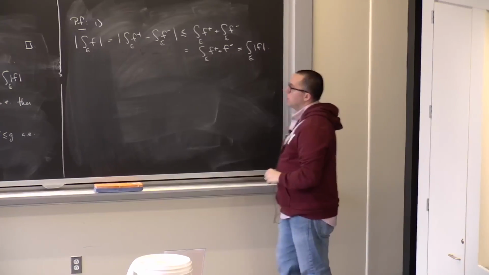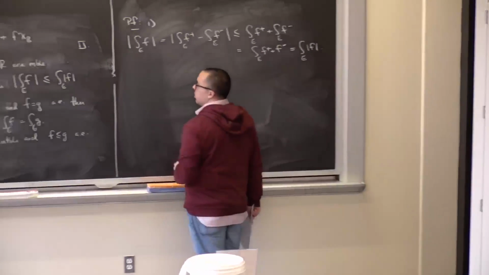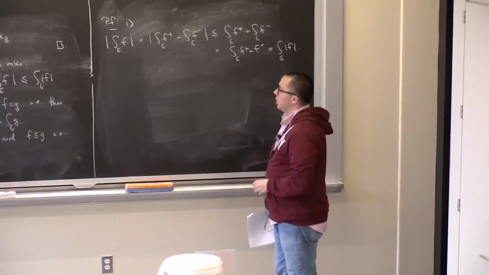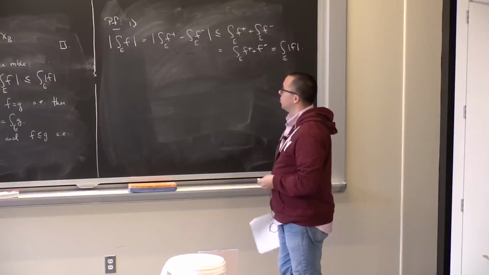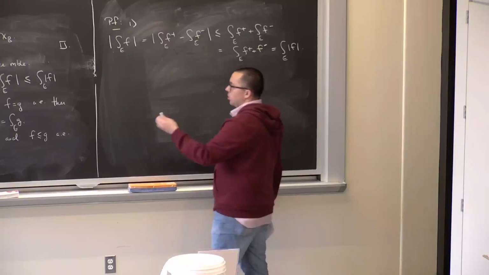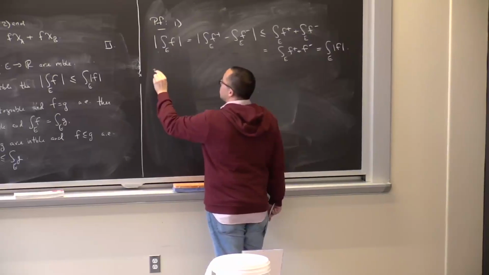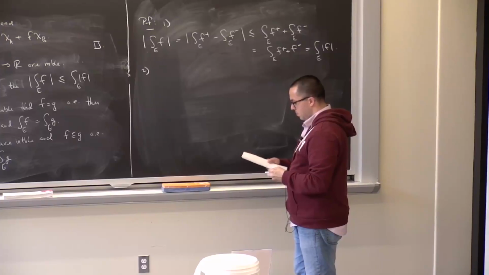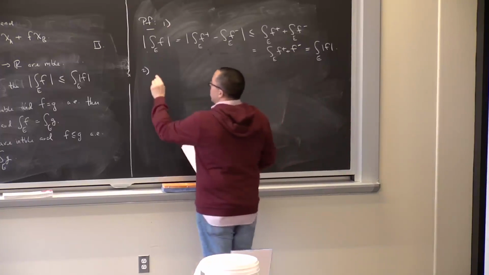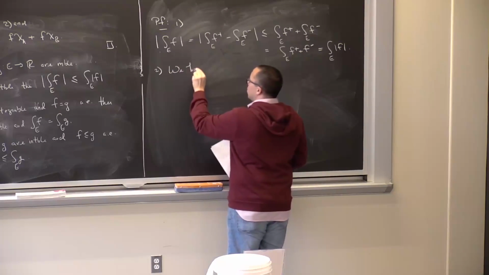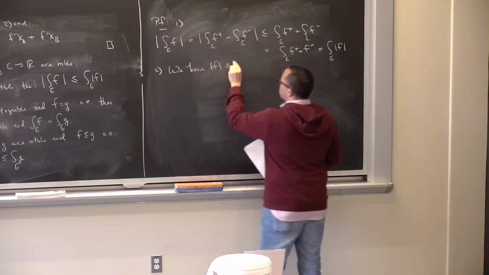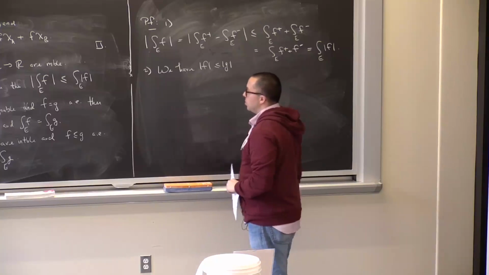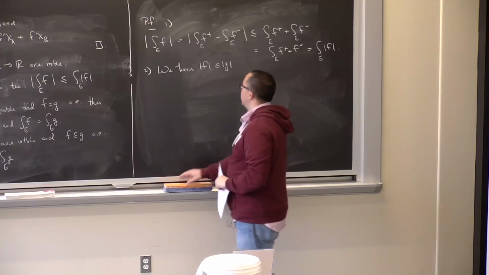Okay, so if you think of the integral as a sum, then this is a version of the triangle inequality, but the triangle inequality for Lebesgue integrals holds. So 2, we have first off, the absolute value of f is equal to the absolute value of g almost everywhere.